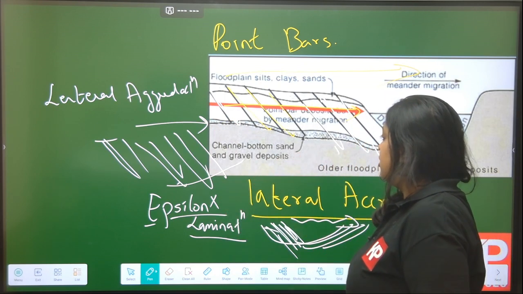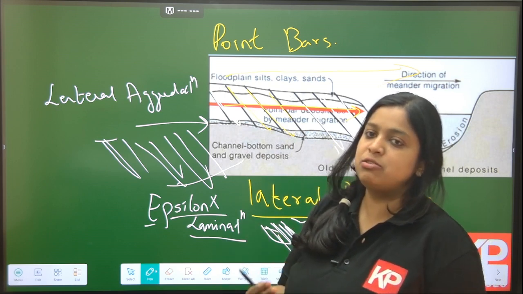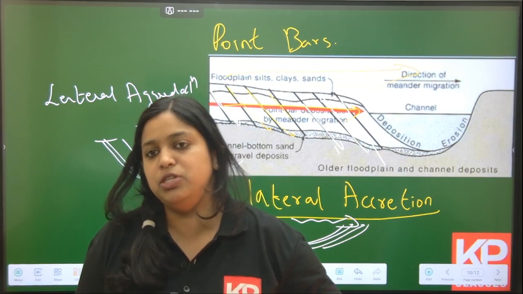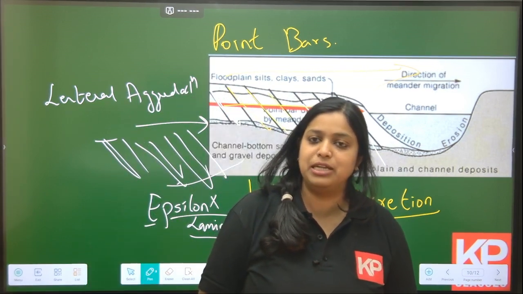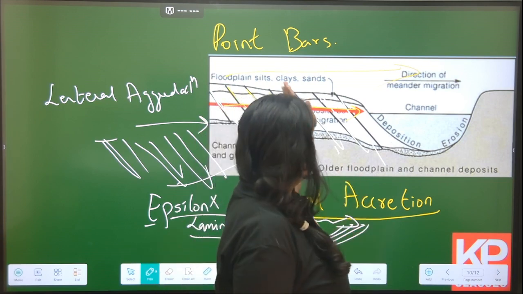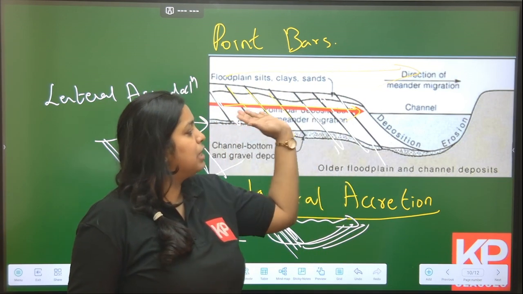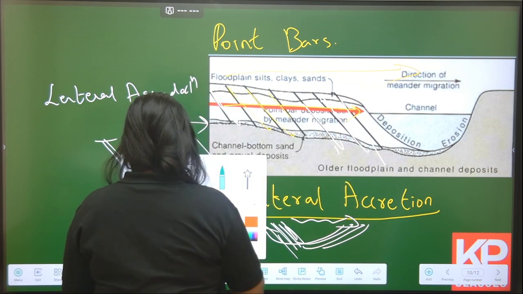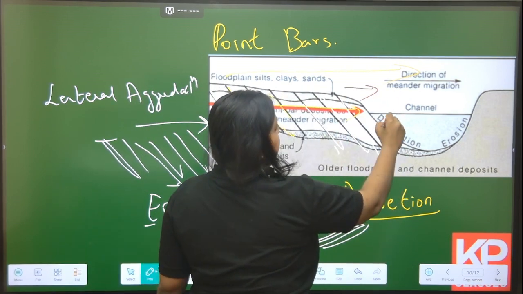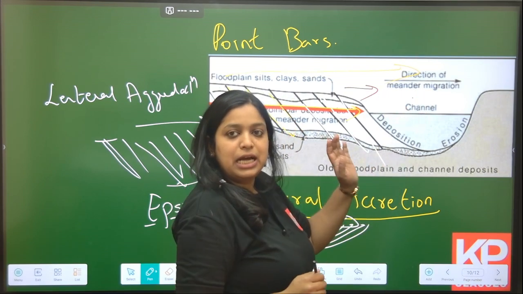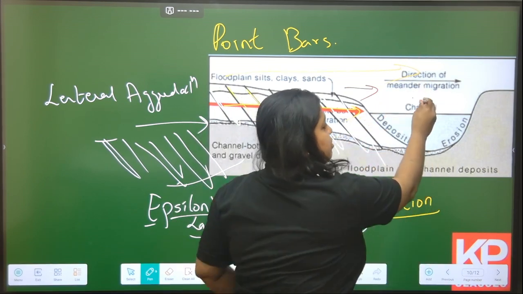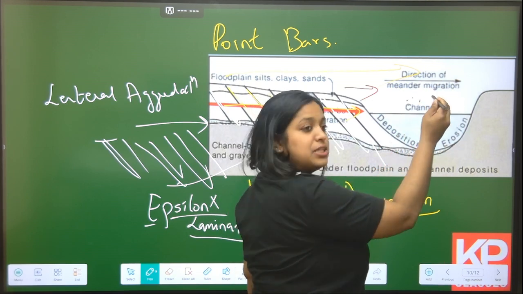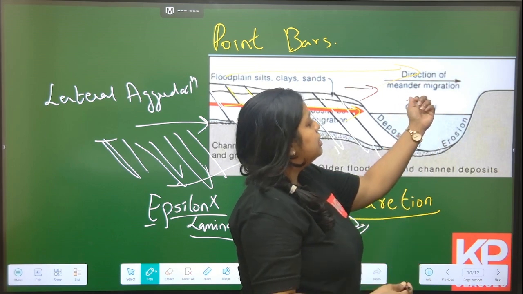This lateral stacking of point bars is because of the lateral accretion that happens. In whichever direction the deposition takes place, that defines the direction of migration. This is the direction of point bar dipping, and the channel flow direction is towards the camera, towards the screen.